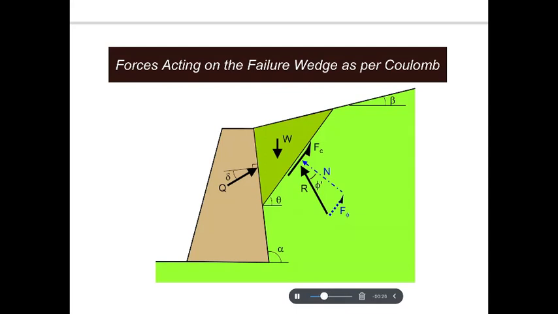We have a delta for the friction between the wall and the soil, and we have alpha measured from the ground level to the sloping face of the retaining wall. The forces acting on the failure wedge are quite similar, except that the reaction R is now inclined at the angle of phi prime.